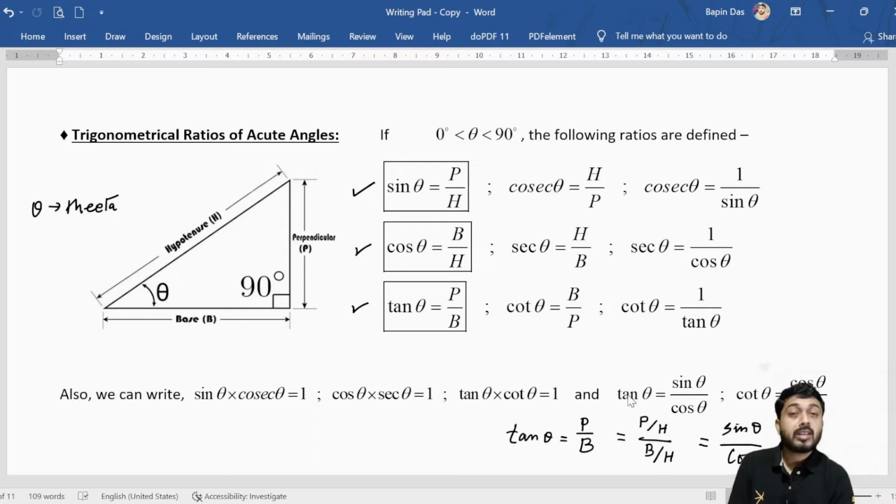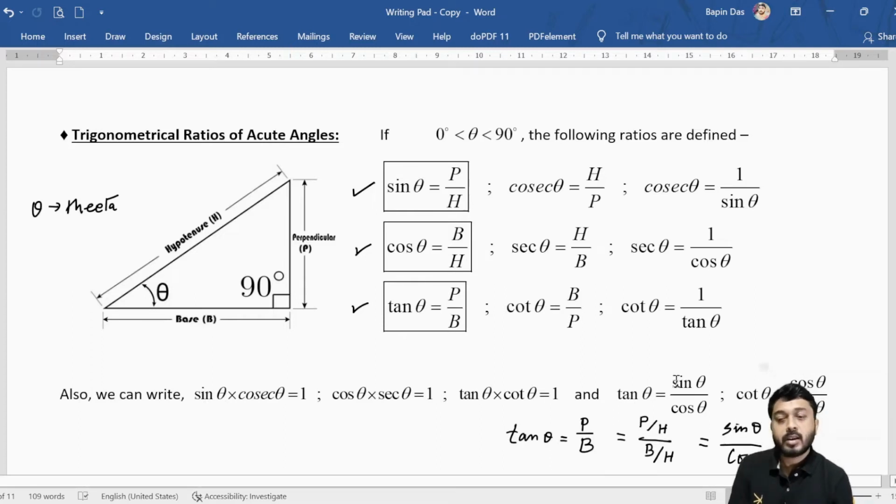Sine theta means the ratio of perpendicular to hypotenuse of a triangle whose angle between base and hypotenuse is theta. Cos theta denotes the ratio between the base and hypotenuse of a triangle whose angle between the base and hypotenuse is theta. Acute angle, of course, it has to lie between 0 degree and 90 degree, keep it in mind. All right.